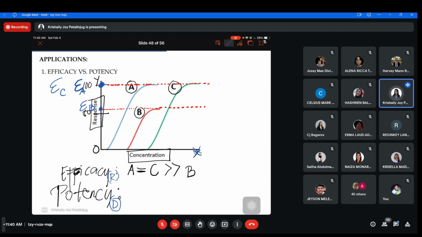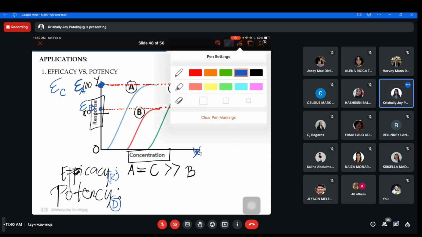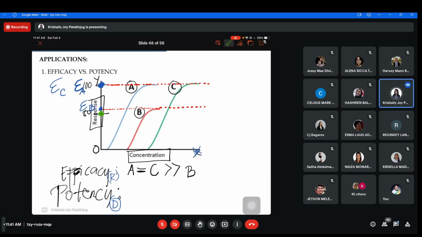Tingnan. So, meaning, ang 50% sa 100 is 50. Okay? So, ibang kulay ha. Ito yung magiging 50% ng 100. Tama? So, you have to plot that hanggang kay drug A. Ayan. Then, plot it down. Ito yung potency ni drug A.